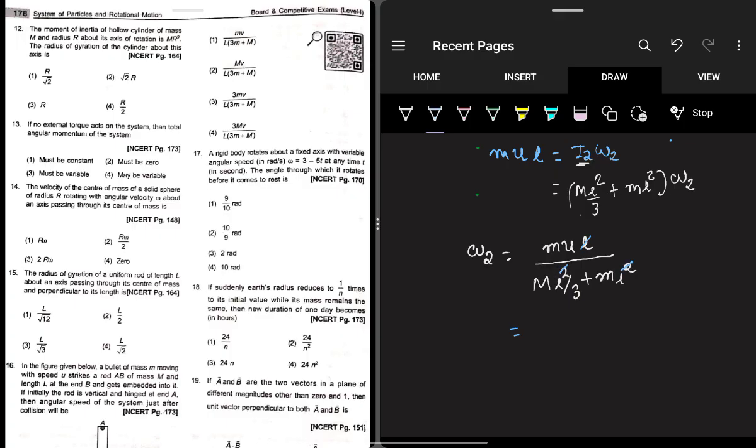If you take 3 as LCM, then it will be 3mu divided by, you can take L common, so it will be 3m plus capital M. Okay, so this is the answer.